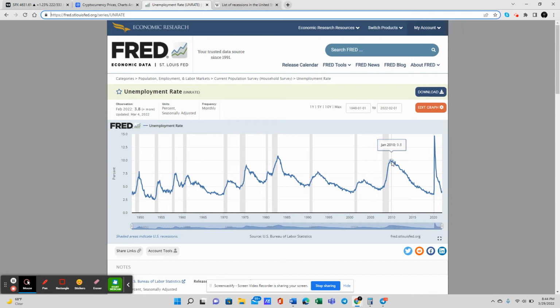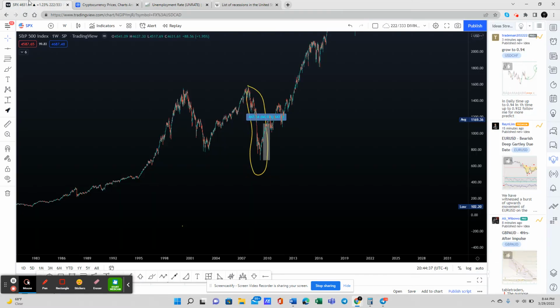That's crazy, right? The unemployment rate was rising this whole entire time, but at the same time, the stock market was rallying too.